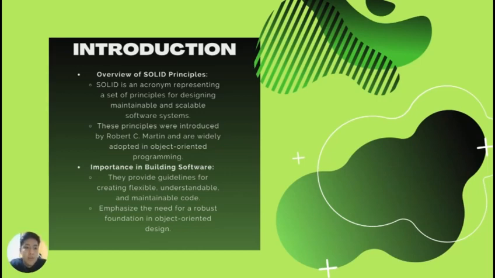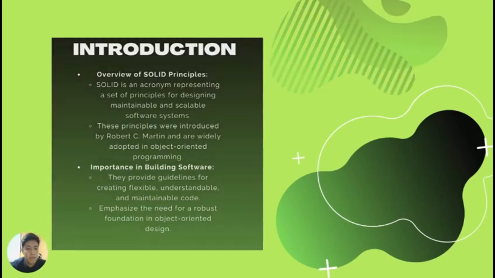These principles were introduced by Robert C. Martin and are widely adopted in object-oriented programming. Importance in building software: they provide guidelines for creating flexible, understandable, and maintainable code, emphasizing the need for a robust foundation in object-oriented programming design.